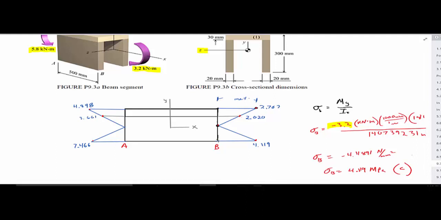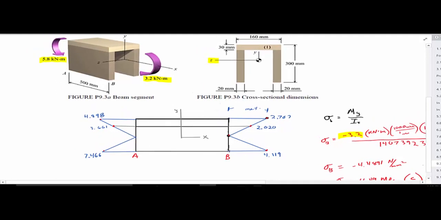Okay, and since we determined that the bottom B value is in compression, we can just look at our diagram with these purple arrows up here and make the determination that these negative moments are going to create a compressive force on this bottom end of the member and tension up here at the top.